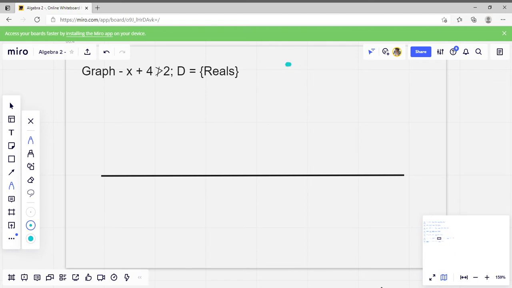So we've got -x plus 4 is not greater than 2. We're going to subtract 4. We get -x is not greater than 2 minus 4, that would be -2.